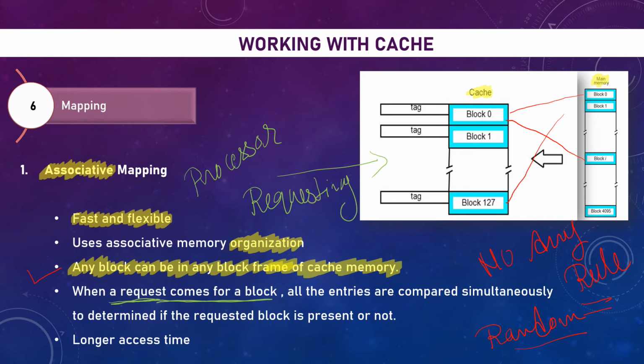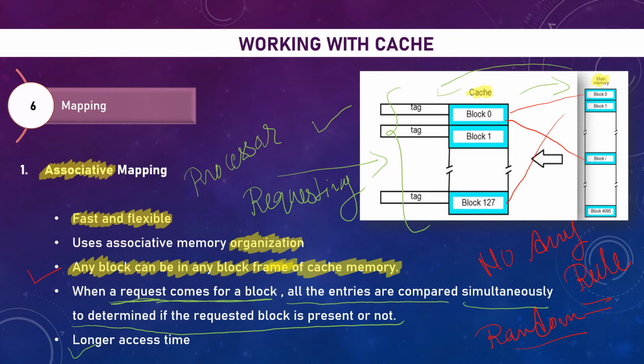All the entries are compared simultaneously to determine if the requested block is present or not. If it is present, fine, but if it is not present, then it will go to the main memory, search for it, and then come back over here. So of course it is a longer access time. This is about associative mapping.